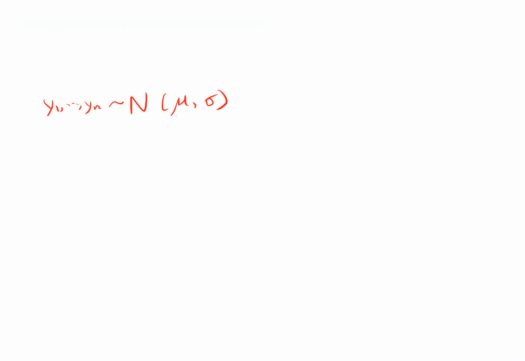Remember, we work with mu and sigma. Suppose this was known and this was unknown, then we were using a conjugate prior of 1 over sigma squared to be gamma, and then we derived the posterior to be another gamma.